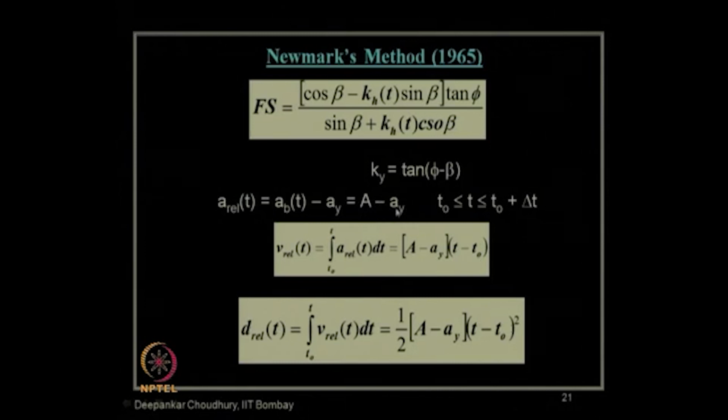Now, if you integrate that value of acceleration over the time for which you are analyzing it, you will get the relative velocity. On further integration of this relative velocity over the time scale, you will get the relative displacement of your soil slope.